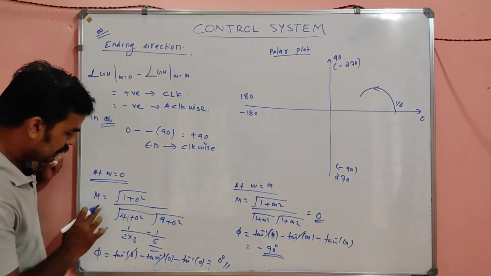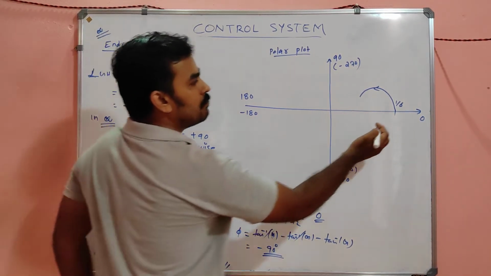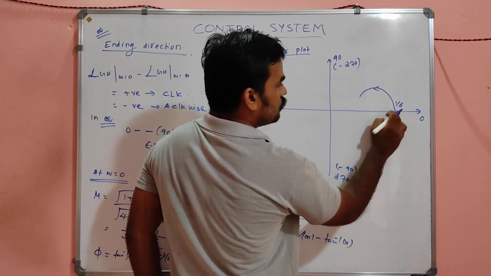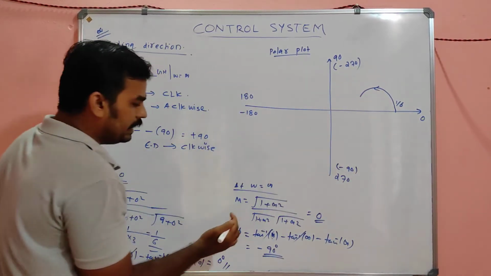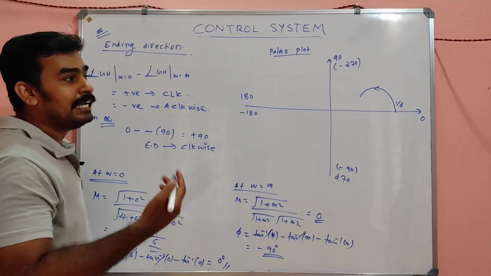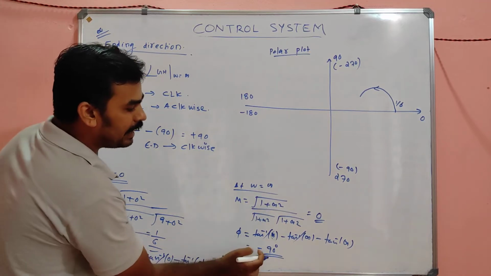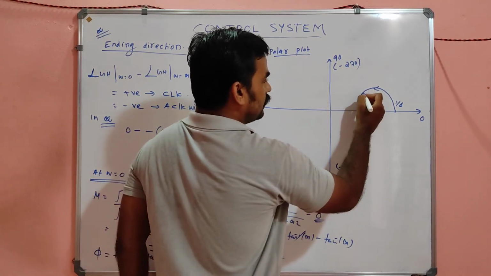So the starting magnitude is 1 by 6, and the starting angle is 0. Am I right, my dear? So this is the 0 axis now. Starting angle is 0, starting magnitude is 1 by 6. And what is the ending magnitude, my dear? The ending magnitude will be 0, and the ending angle will be minus 90. This is minus 90.